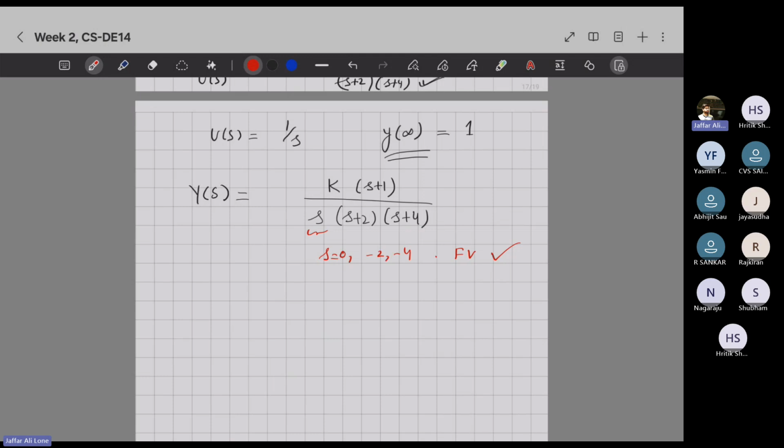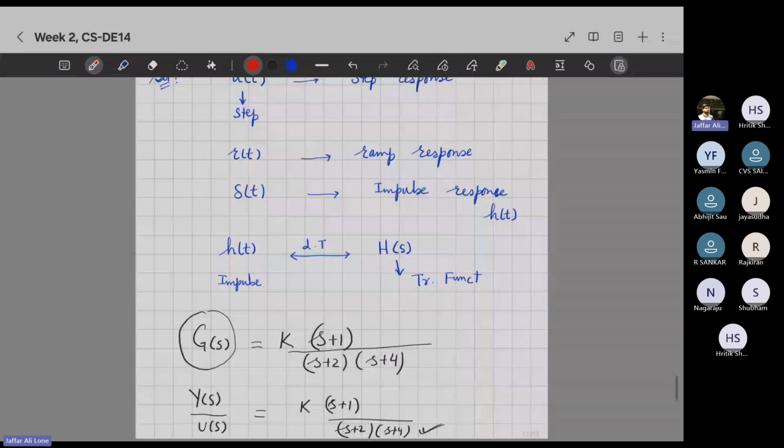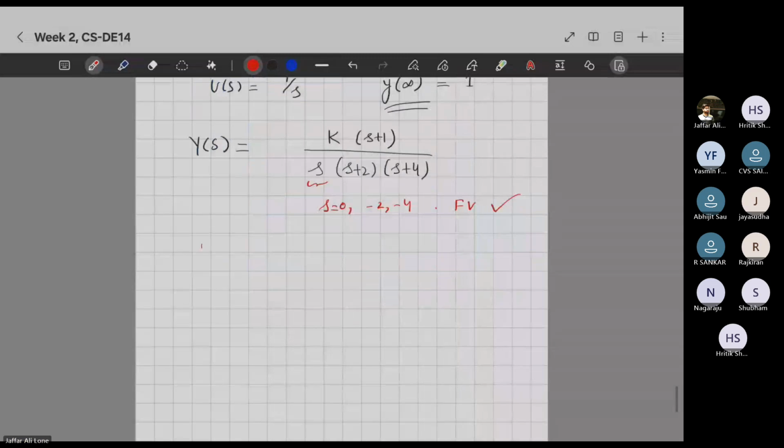So the final value theorem says the final value, which in this case is given as 1. So my 1 is equal to the limit as s tends to 0 of s into Y(s), that is s into k into (s plus 1) divided by s into (s plus 2) into (s plus 4).